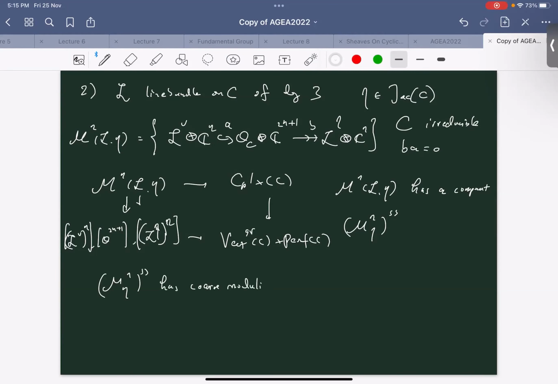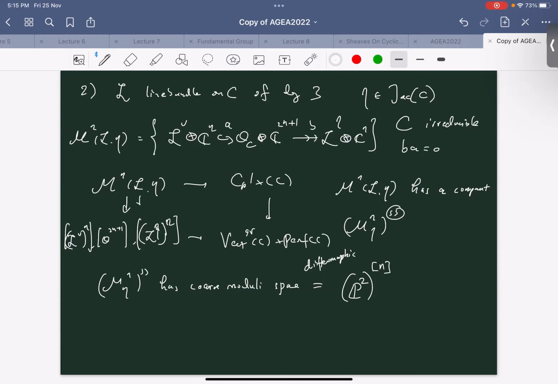When you choose an appropriate character, this one will have a coarse moduli space equal to (P^2)^[n]. Here equal means diffeomorphic. So the semi-stable component is diffeomorphic to the Hilbert scheme of n points on P^2. However, note that in general, you do not have the same complex structure, and you do not have the same Poisson structure.